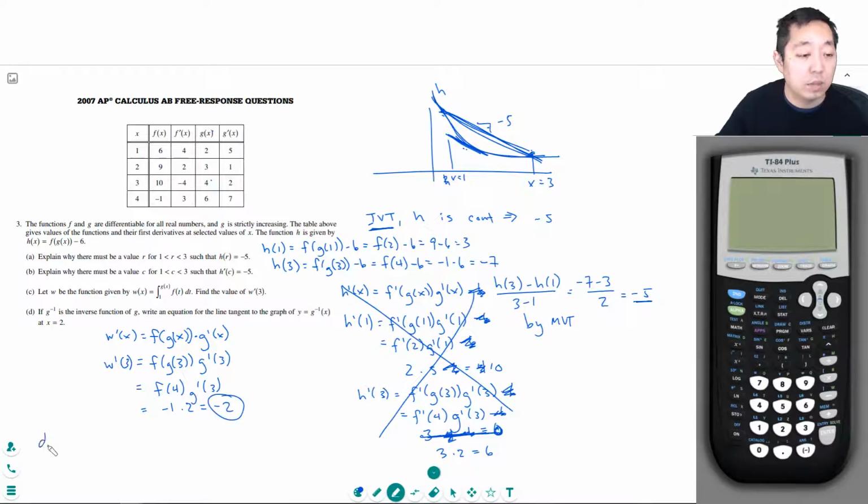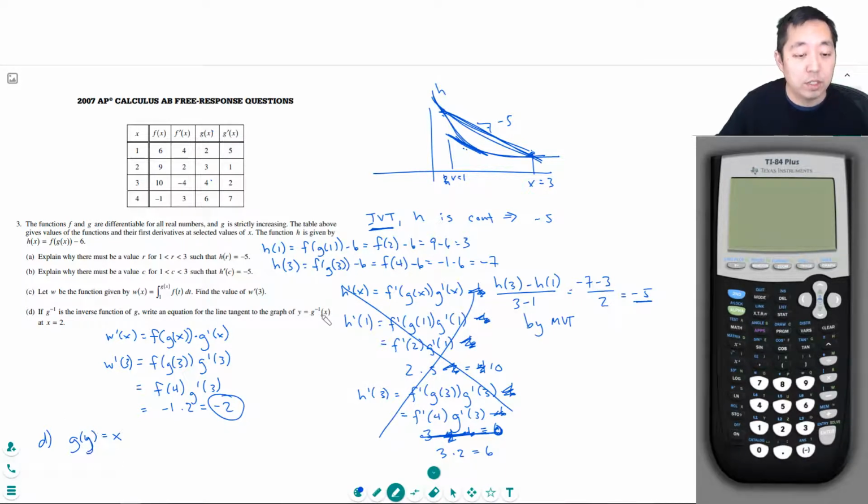Okay, and part d. If g inverse is the inverse function, write an equation for the line tangent to the graph y equals g inverse of x at x equals 2. I don't remember. There's a formula for the inverse, but the way I would do it is I would say, well, I know g of y is equal to x, right?